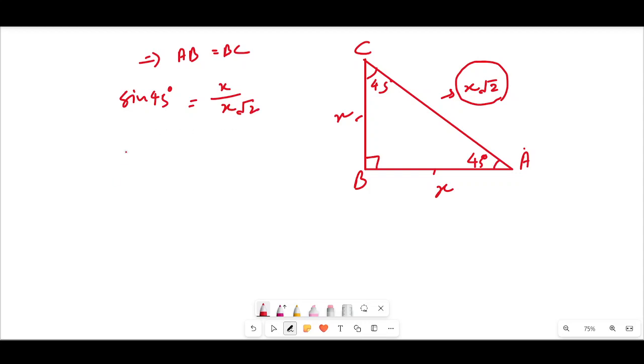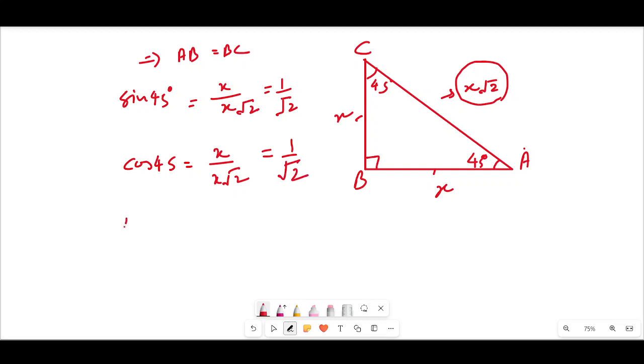Clear? Then it will become 1 by root 2. Now to find out cos 45, this is nothing but base upon hypotenuse, x by x root 2. Clear? Then it will come 1 by root 2.